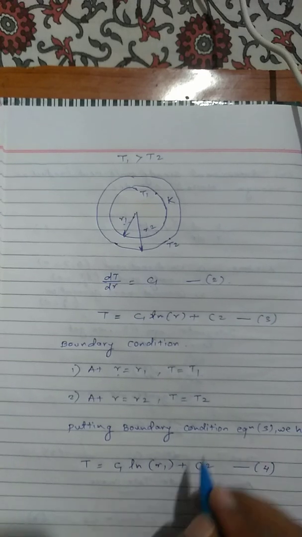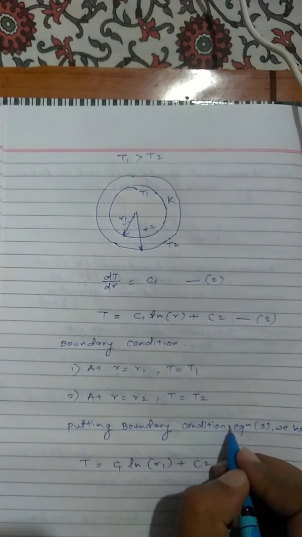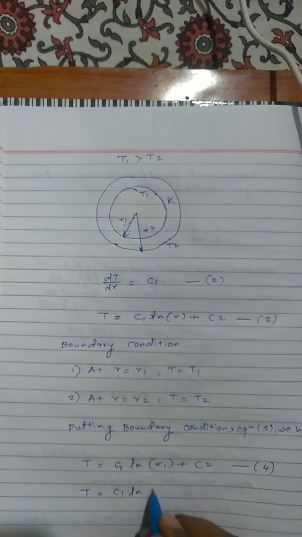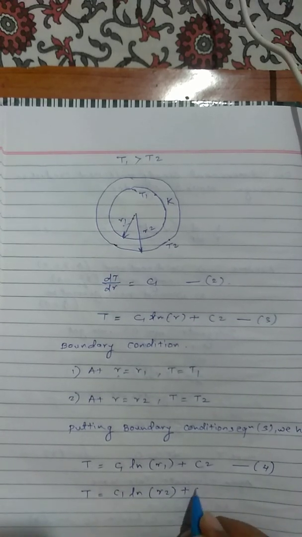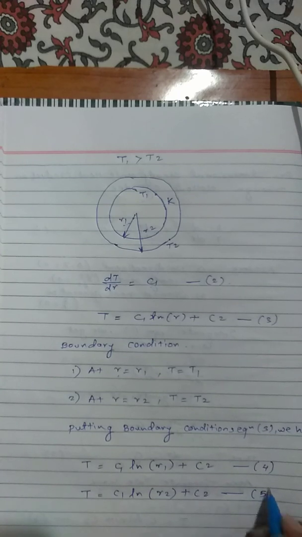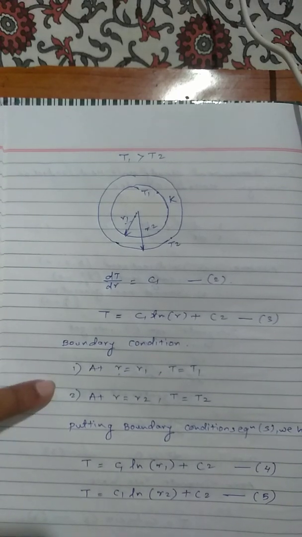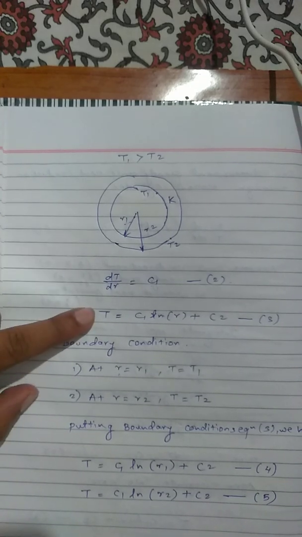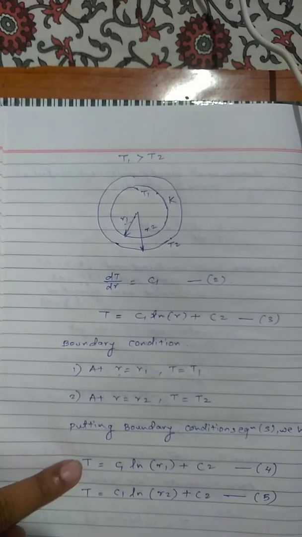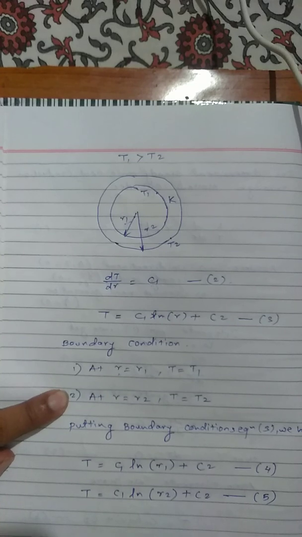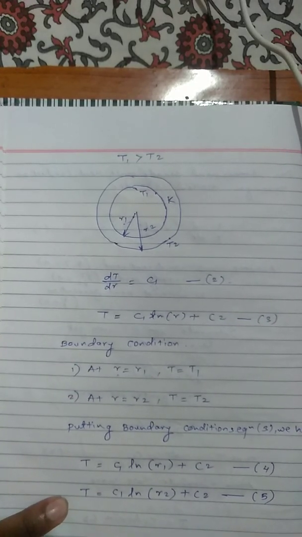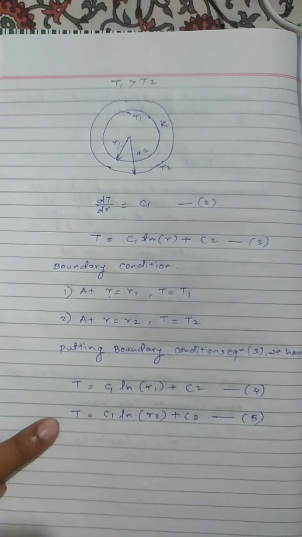And the second boundary condition, T2 equal to C1 ln of r2 plus C2. So I will get two equations as we have two boundary conditions. The first boundary condition put in the third equation gives the fourth equation. The second boundary condition put in the third equation gives the fifth equation. So you have the fourth and fifth equations.